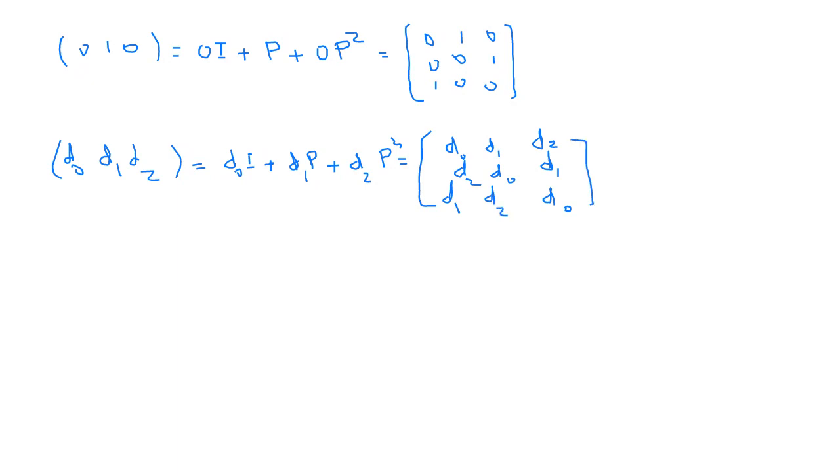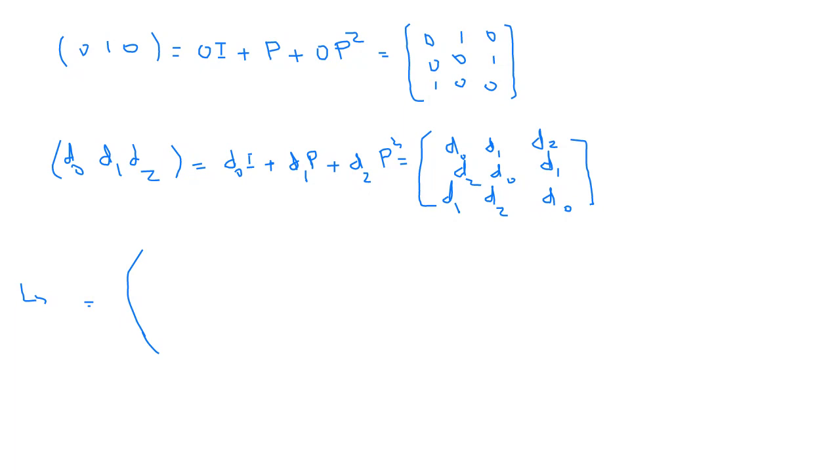Now let's do the product. If you multiply these two by each other, we're going to have the following. Of course, there is a shift here because you're multiplying by the shift matrix P. What's going to happen? The second row should appear in the first row because you're multiplying by 0, 1, 0.